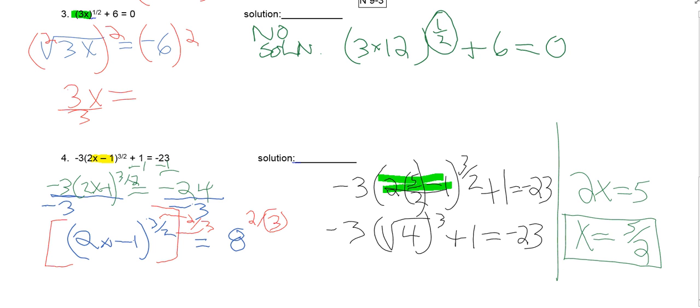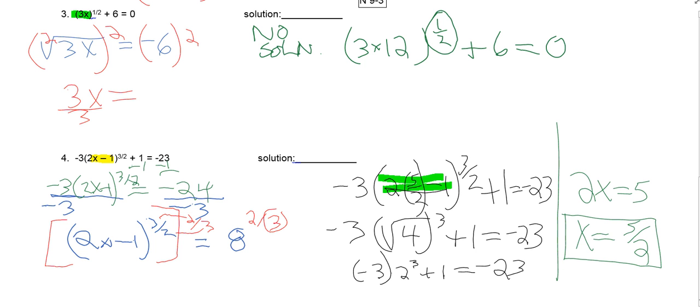Of course, the square root of 4 is 2. So we have 2 cubed. We still have to multiply that by negative 3. Add 1 to it and see what we get.